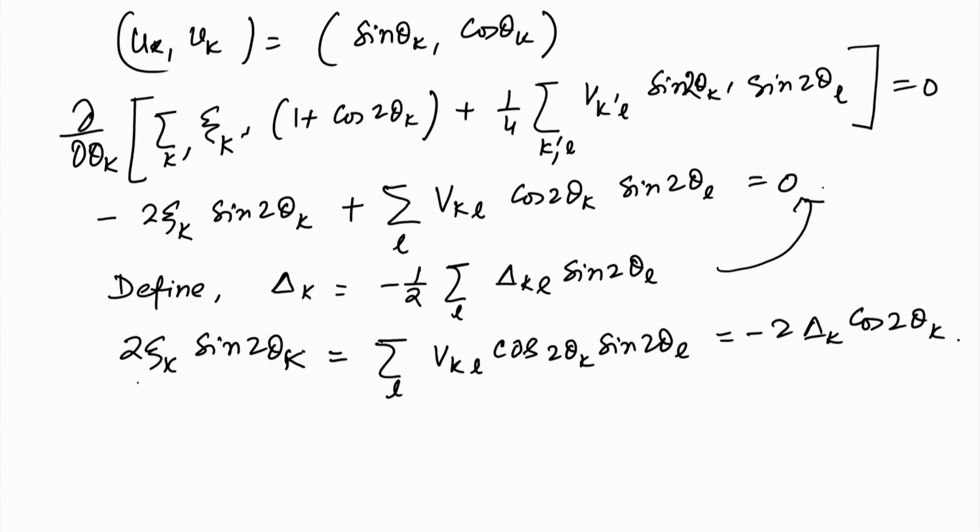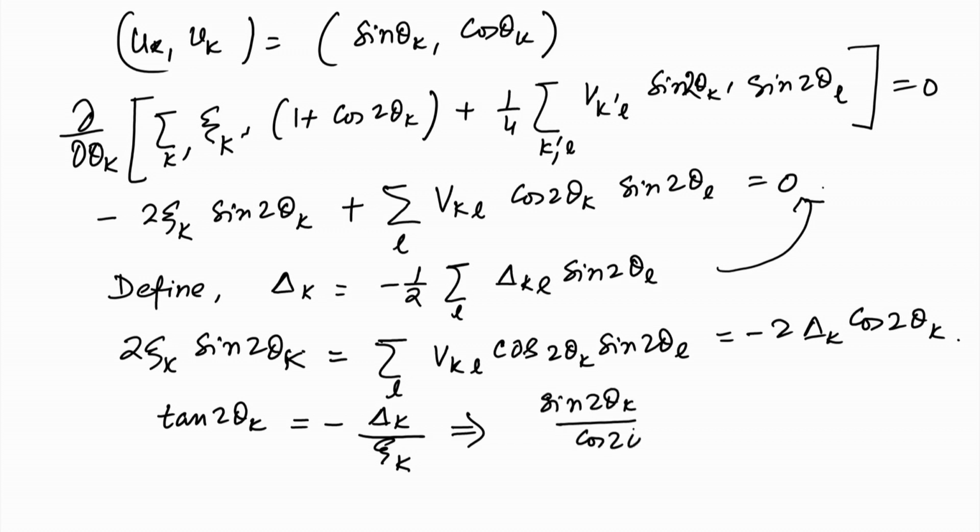Thus, 2 xi_k sin 2 theta_k is equal to minus 2 delta_k cos 2 theta_k. Now, this equation gives us tan 2 theta_k. If I bring this below, it is equal to minus delta_k by xi_k. So, this can also be written as sin 2 theta_k over cos 2 theta_k, which is equal to minus delta_k by xi_k.